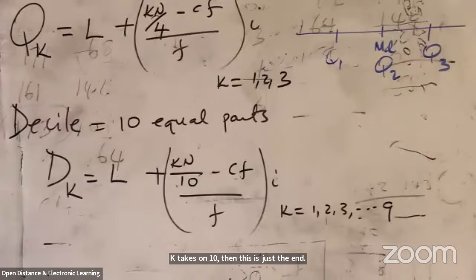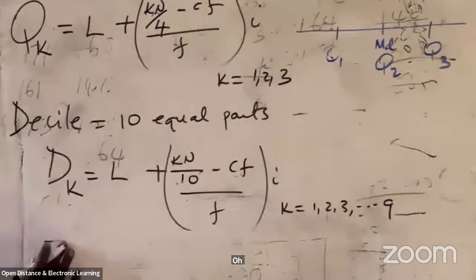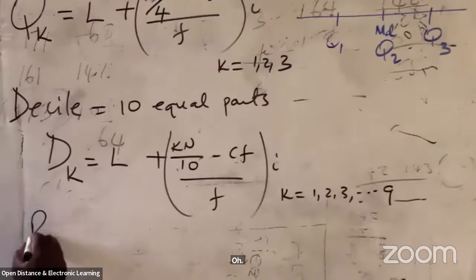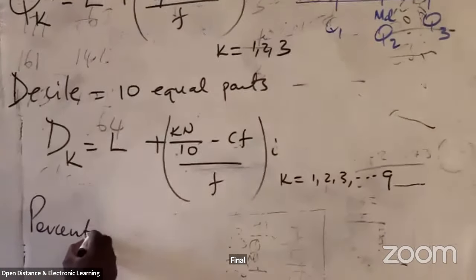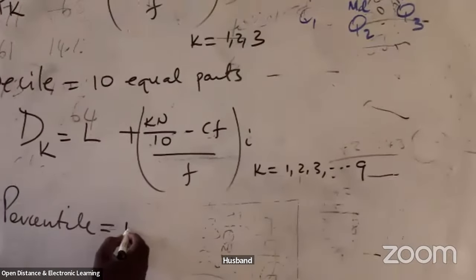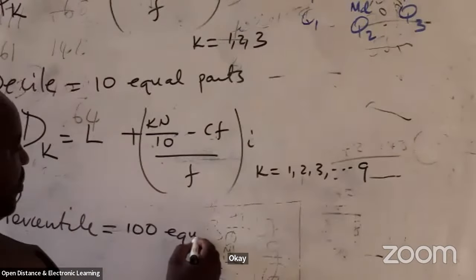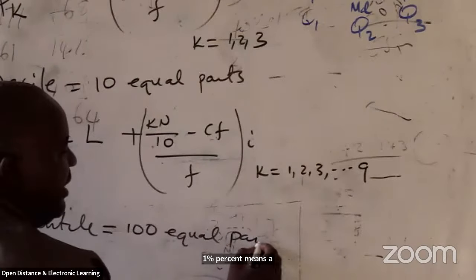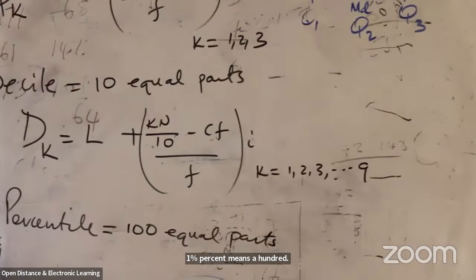Another final measure of position is what we refer to as the percentile. From percent means 100. So percentile means 100 equal parts.